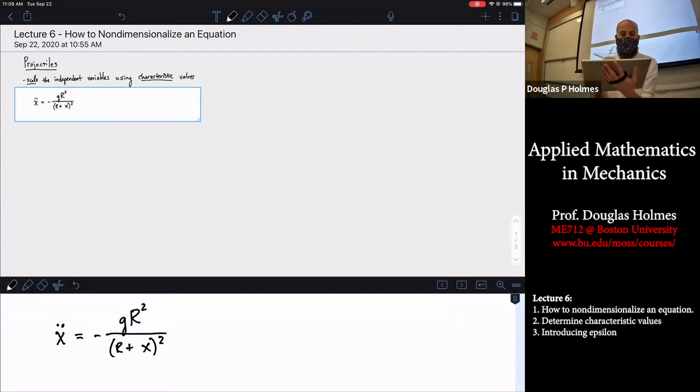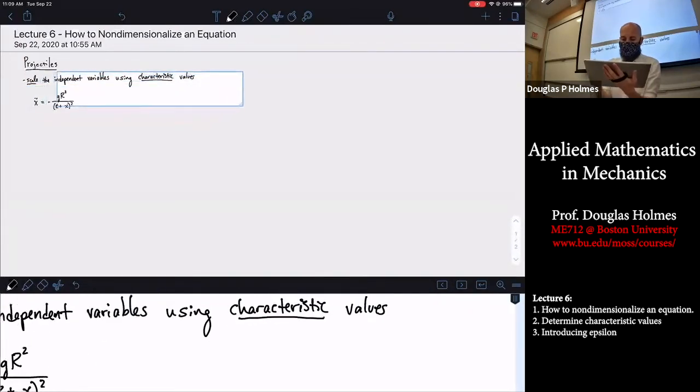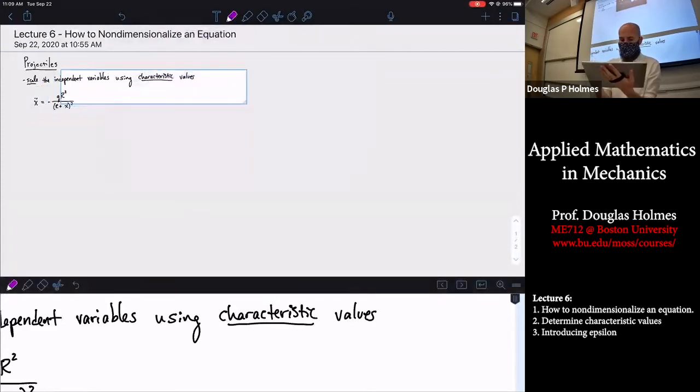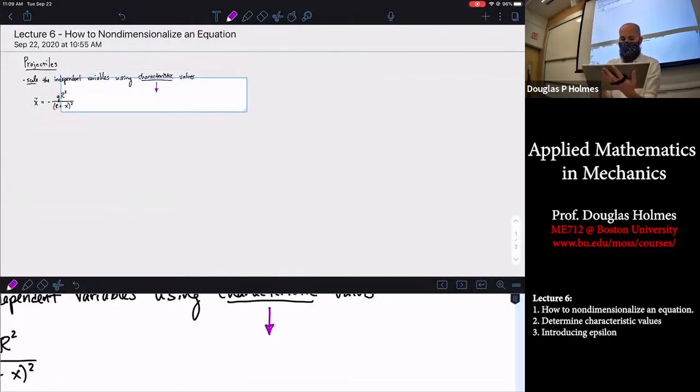And what we're going to do is introduce two constant characteristic values. We're going to call them characteristic height, which we'll call xc for characteristic, and the characteristic time.